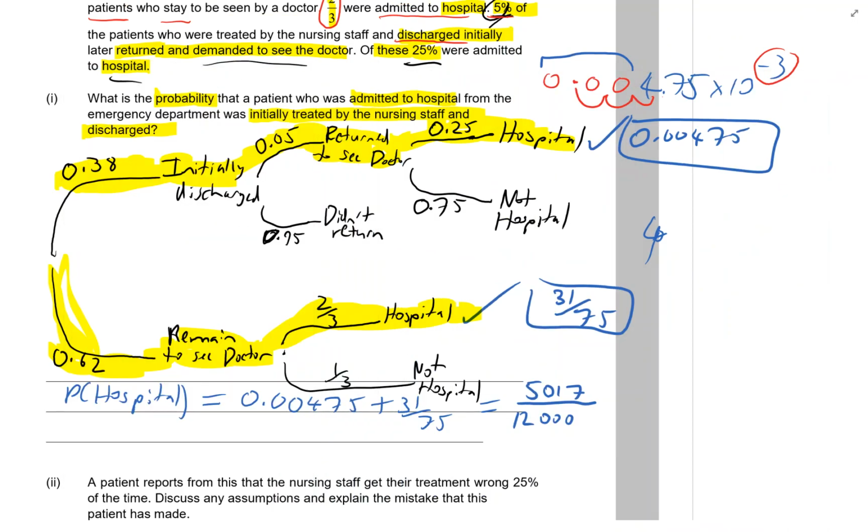Now reading the question again. What's the probability that a patient who was admitted to hospital, so this is a conditional probability, conditional on them being admitted to hospital, was initially treated by the nursing staff and discharged? So we need to think about how we do a conditional probability calculation.